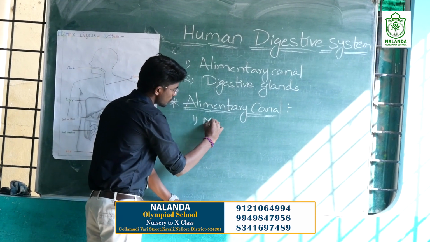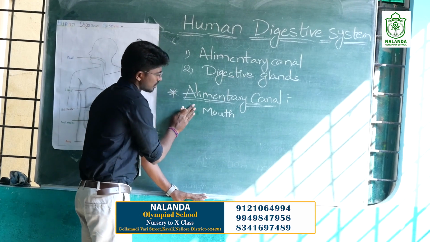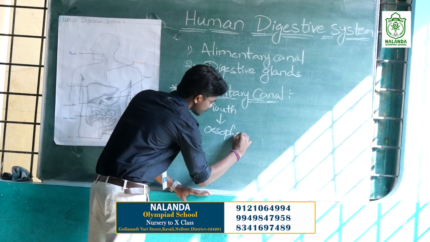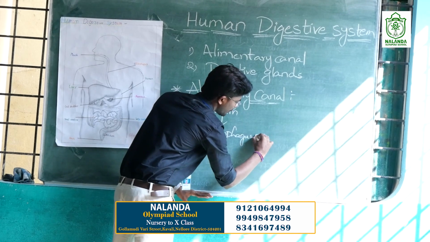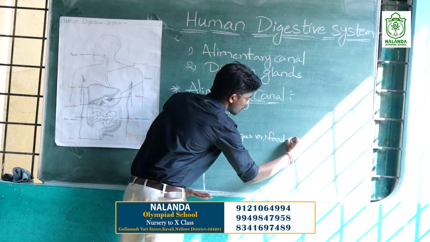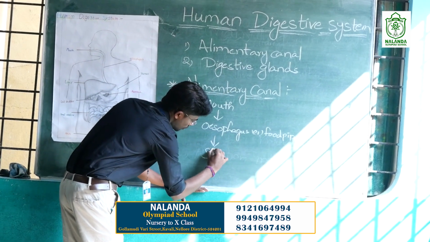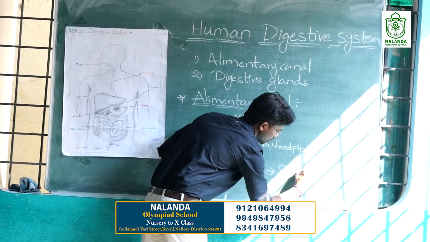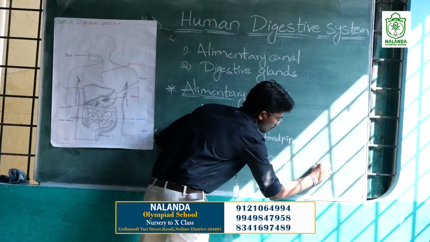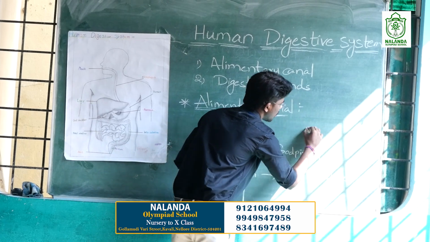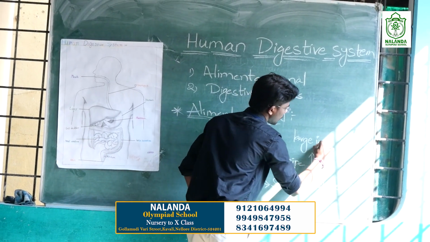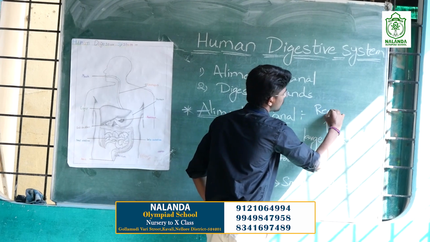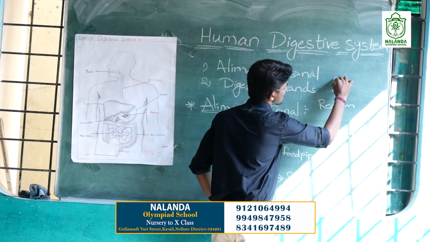They are, first one, mouth, and then esophagus or food pipe, and then stomach, and then small intestine, and then large intestine, rectum, anus.